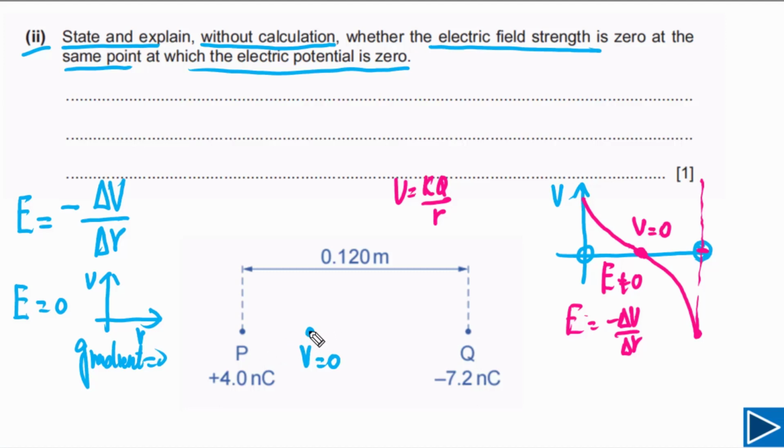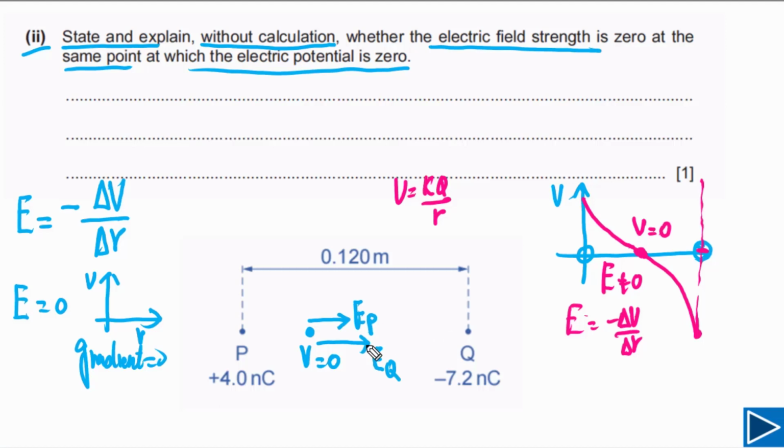If you look at direction of electric field at this point due to positive charge, this will be pointing to the right. So we will say this is direction of electric field due to positive charge. Now if you look at electric field at this point due to negative charge, we will write down this is also to the right because electric field lines are pointed towards negative charges. So electric field due to Q is also to the right, and due to P is also to the right.